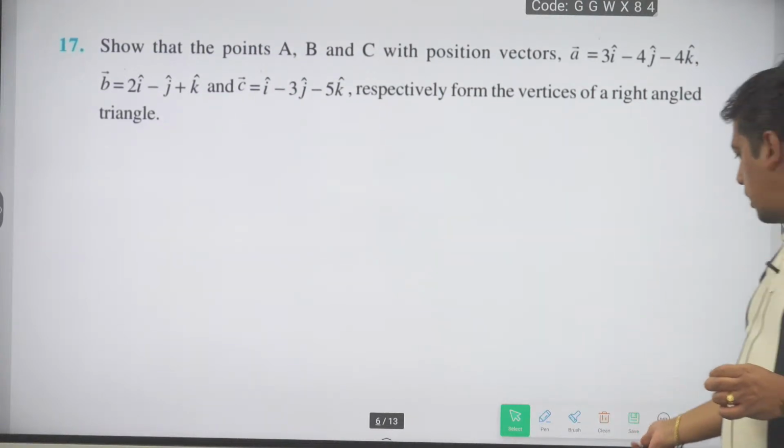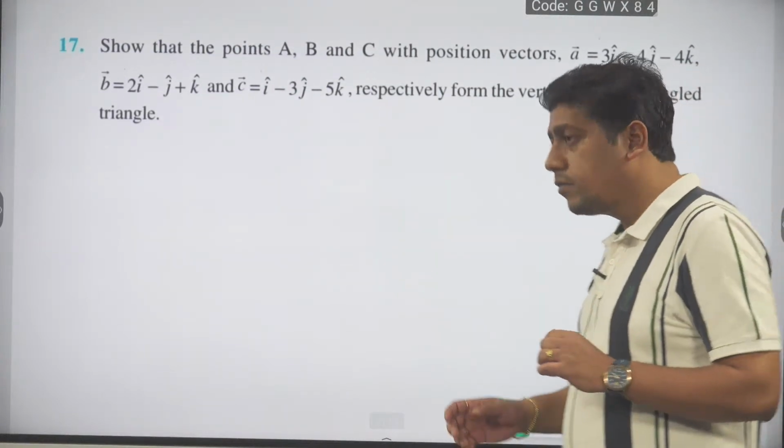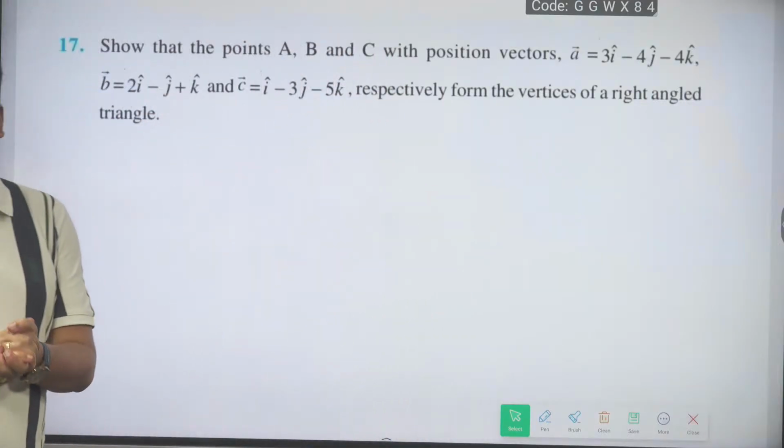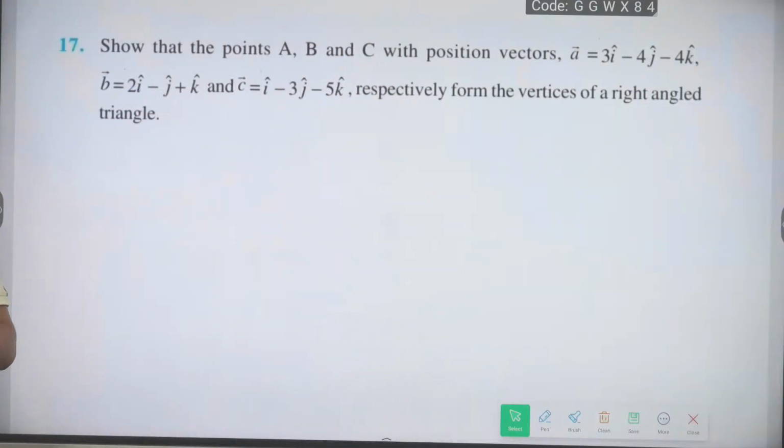What you do, take a screenshot of this question, attempt it, and then we will discuss in the next class. Next class, we will discuss this PDF first, then I will start dot product. 2 lectures are still there. 1 lecture I will go for dot product, another one for cross product.